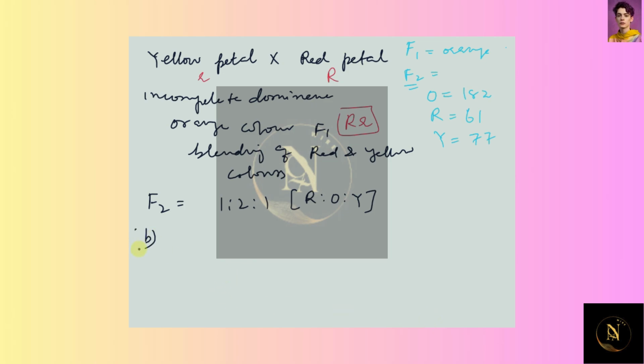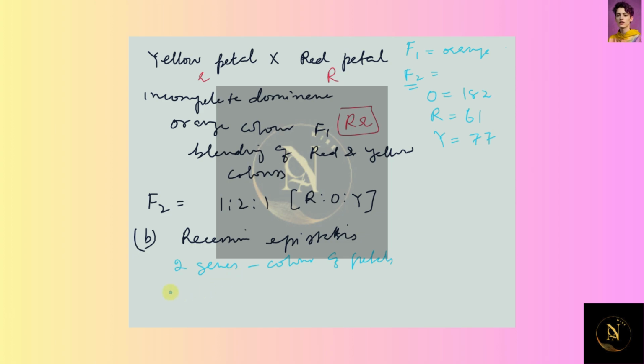The recessive epistasis would explain these results if there are two genes involved in determining the color of the petal, with one gene masking the expression of the other gene.